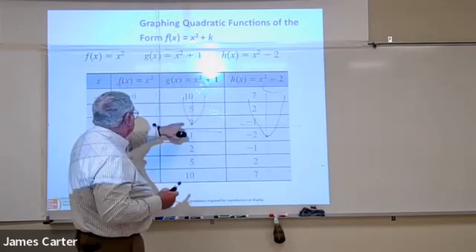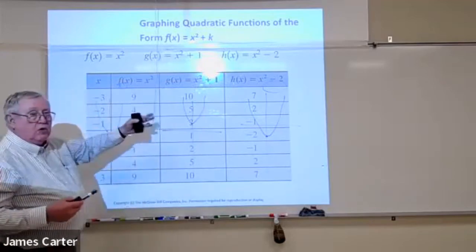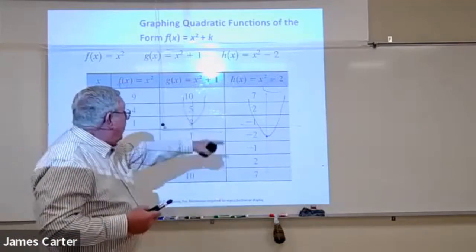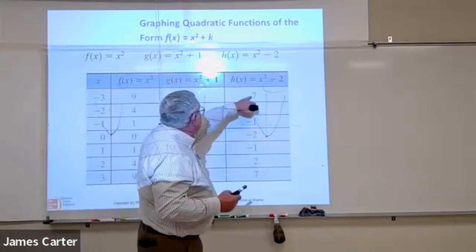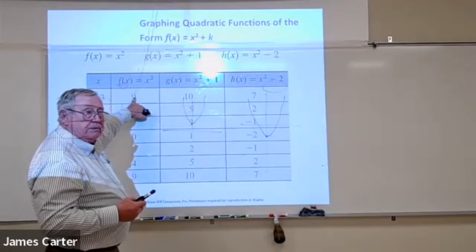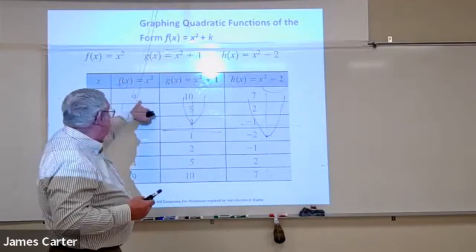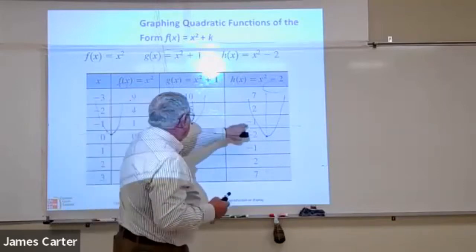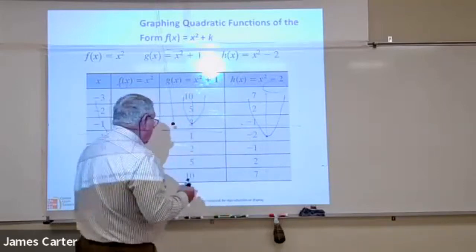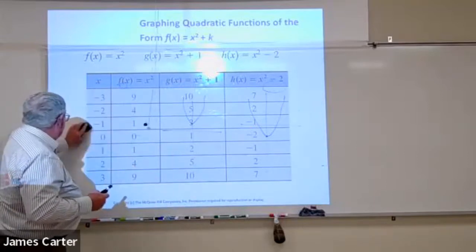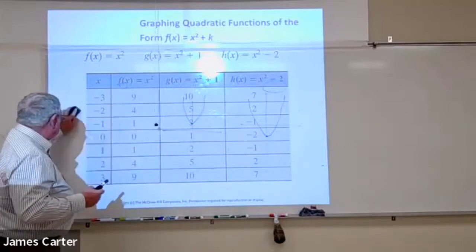And here, it's going to shift it up 1 and all the way across, and that's the way it works. Now, you could always graph this thing, and as you see, these are all 2 below what those were. Okay, compare, 2 below, and so on. So that's how vertical translations work.